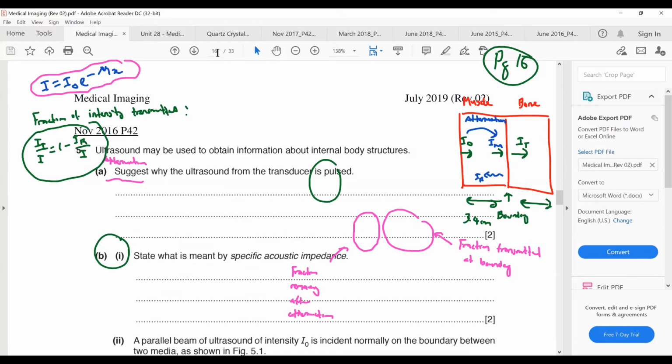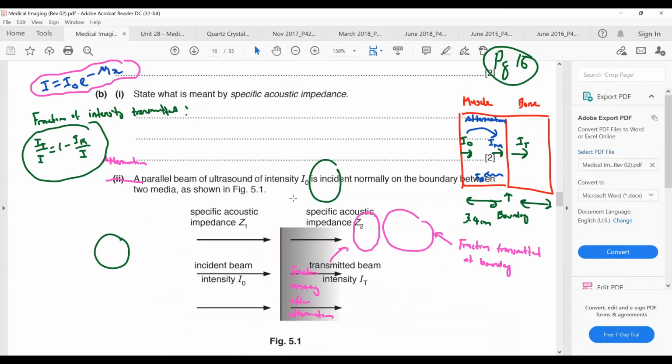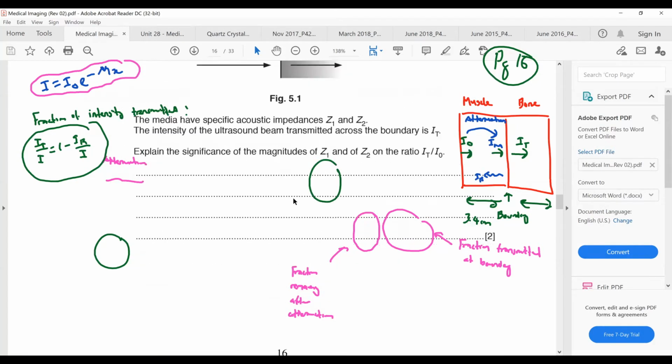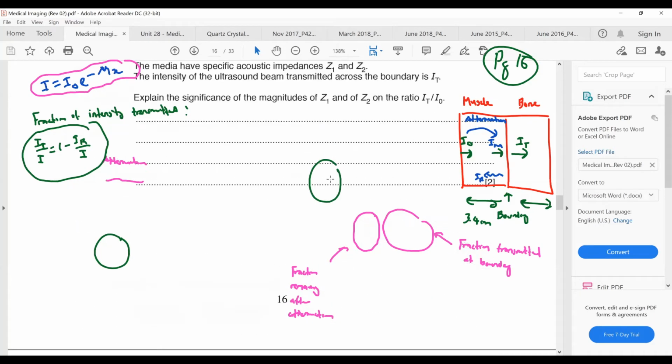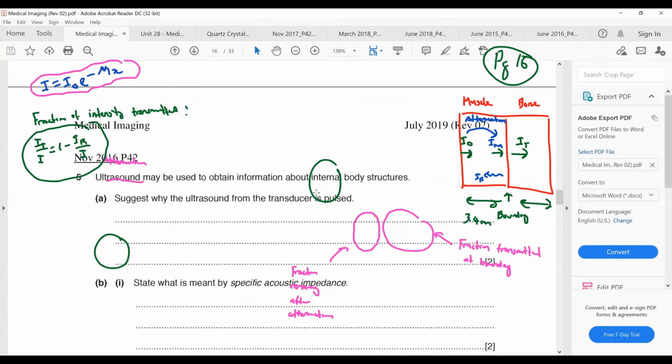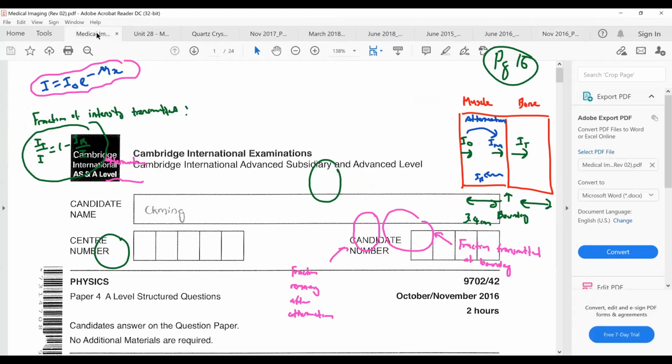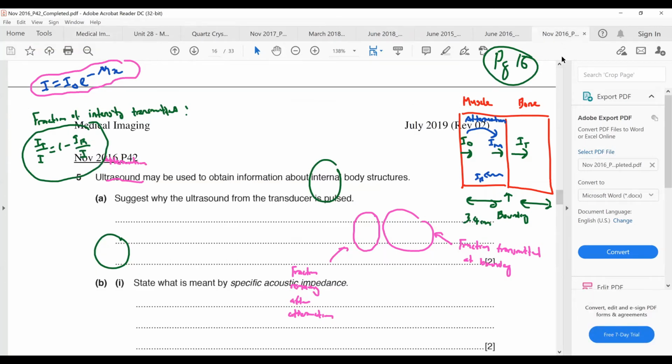Page 16, November 16, P42. This one will be question 5.